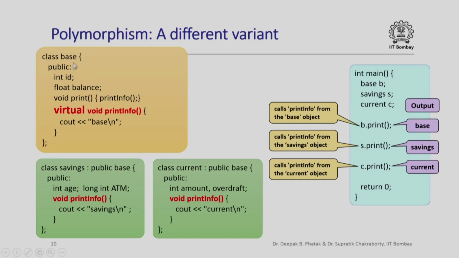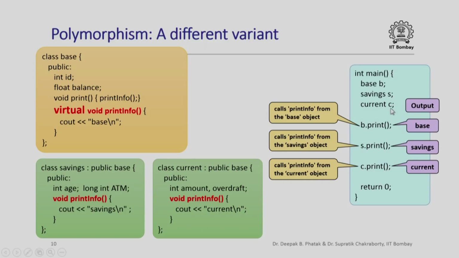Print info in the base class is declared as a virtual function, and what does this mean? It means that at runtime we must determine the context in which this print info call is being made. This is being called in the context of s, and so we must not pick up this definition of print info, we must pick up the definition of print info as in the class savings, and savings will get printed here. And here is c dot print.